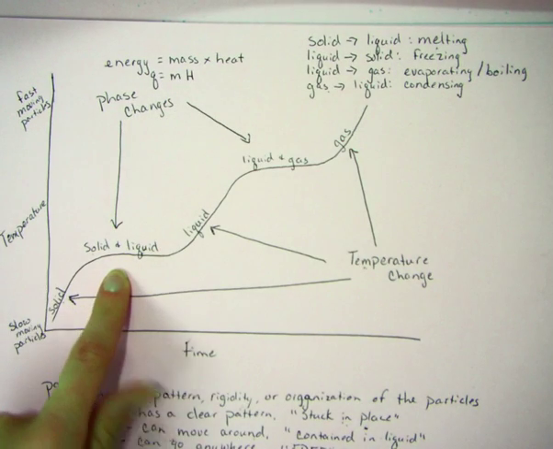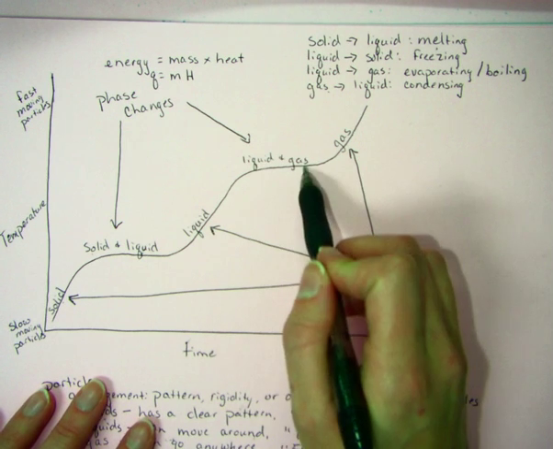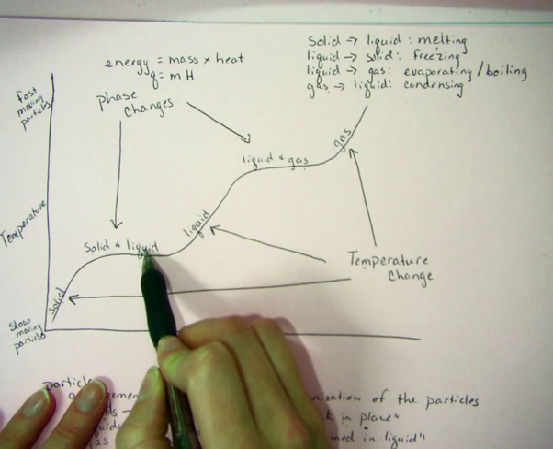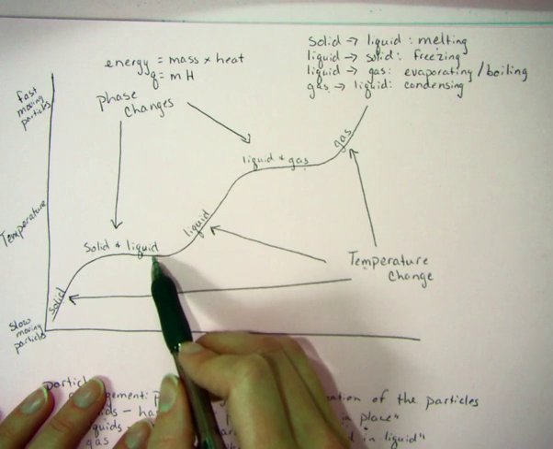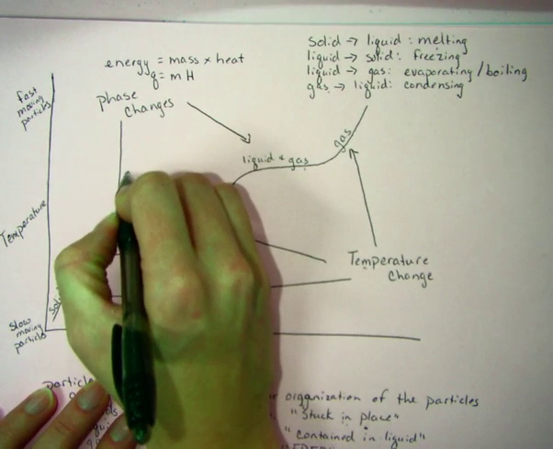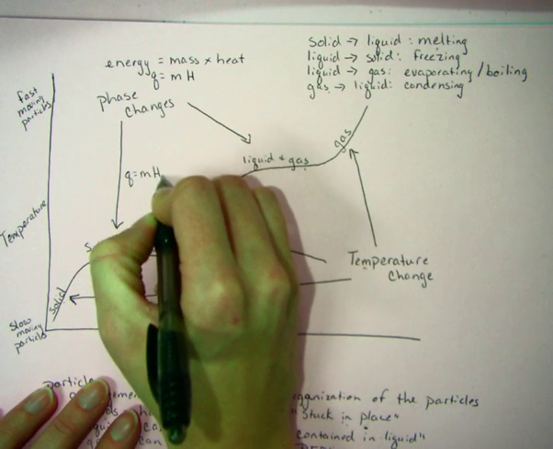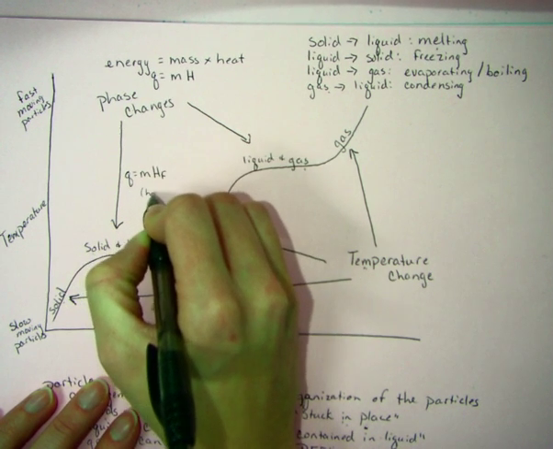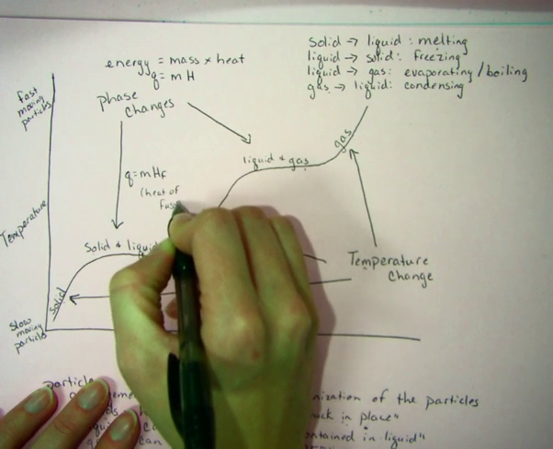We know that it takes more energy to go from liquid to gas than it does to go solid to liquid. So down here, it takes less energy, so we need less heat. And that is where we use Q equals mHf, or the heat of fusion.